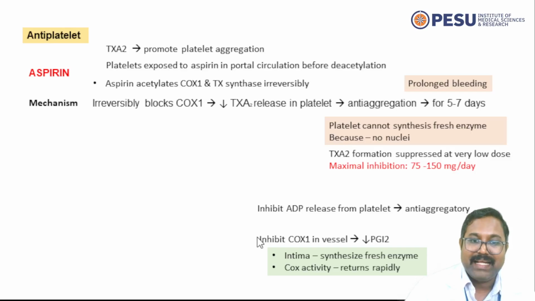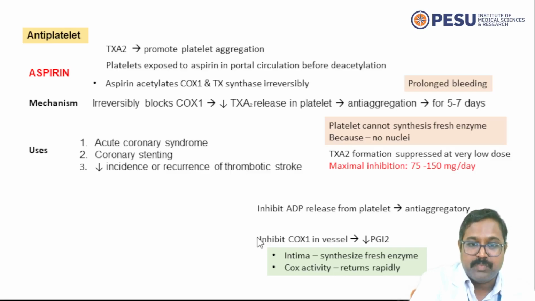On the other hand, there is also a protective vasodilatory action, because the blood vessel intima has the capacity to synthesize fresh COX enzyme, thereby increasing the prostacyclins, which are responsible for anti-aggregatory action and also for vasodilation.